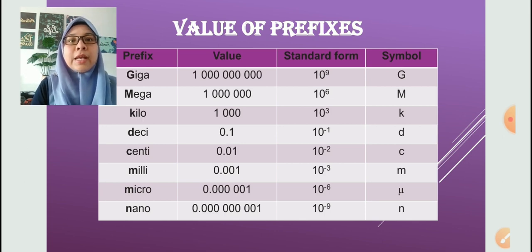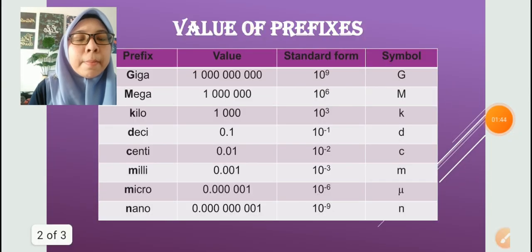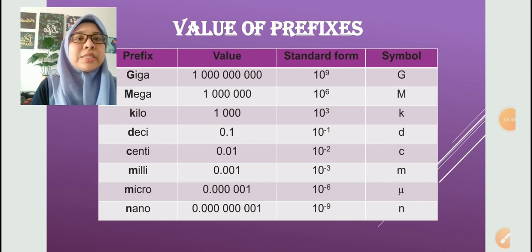Giga represents 1 billion, 1,000,000,000. Mega actually represents 1 million, 1,000,000. Today, mega is a very famous unit.